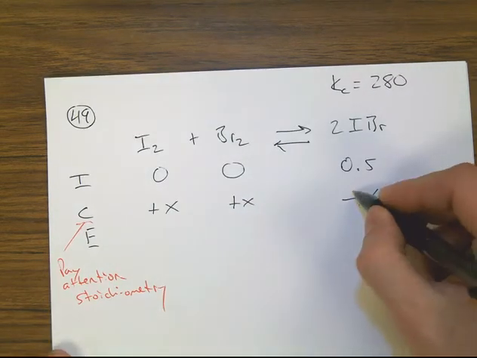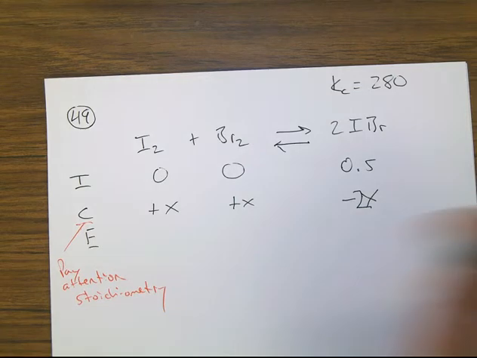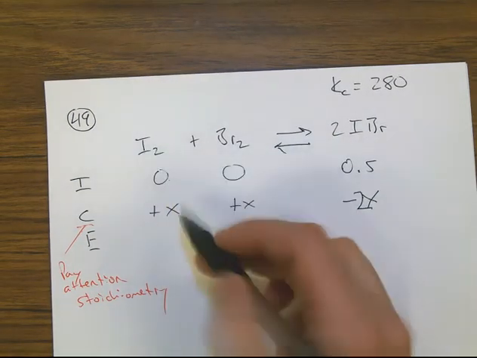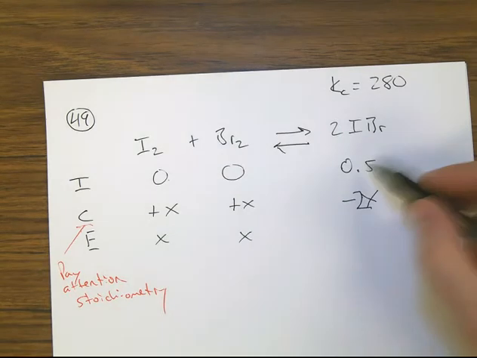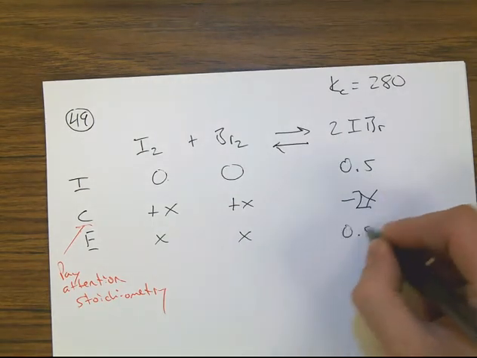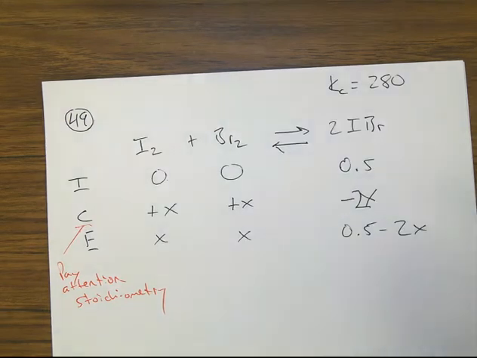So I have to put a 2 in front of this x, so it's minus 2x for the change. Now I have to write out how each of them is represented after equilibrium is established. 0 plus x is just x, 0 plus x is just x, and 0.5 minus 2x. And again, that's in molarity. I'm just not writing that out to save on unit space.